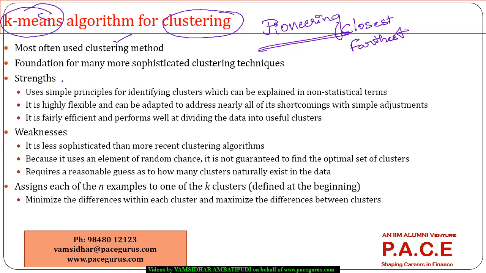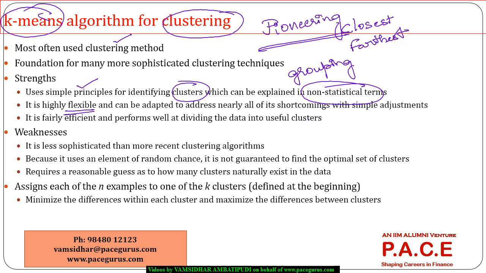Looking at the goodness of this algorithm, the concept and the process it uses for creating clusters, for grouping the examples, there is no statistics involved in it. The clusters are formed using a simple set of rules, and there is not too much statistics involved in the process. And there is a lot of flexibility.